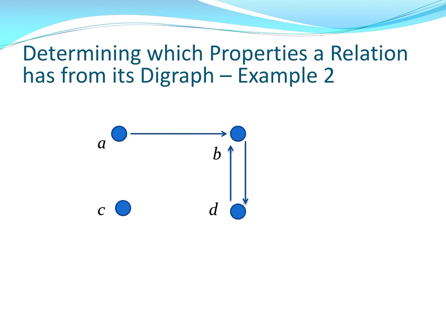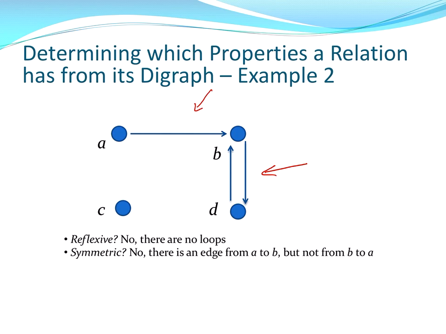Okay, how about this graph? Clearly there are no loops at every vertex, so it's not reflexive. Is it symmetric? Well, these two arrows suggest the possibility of symmetry, but we have this arrow by itself between A and B and not returning, so it is not symmetric.